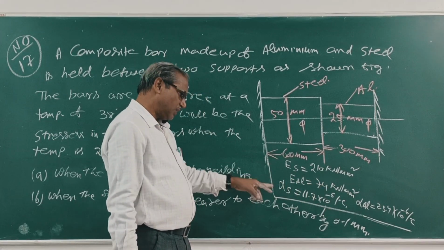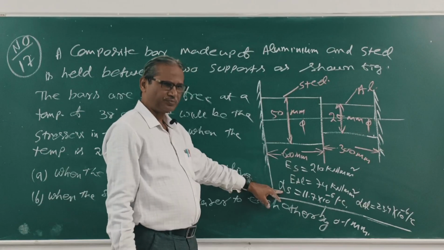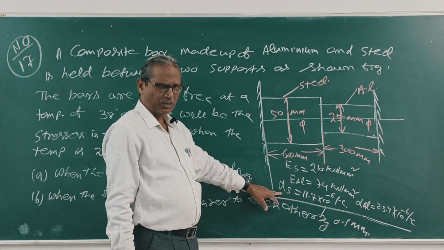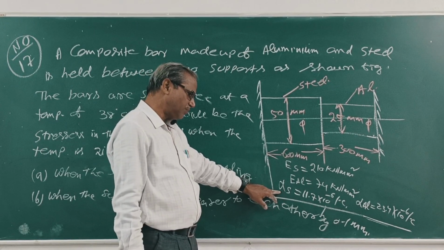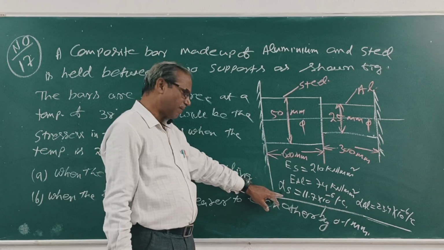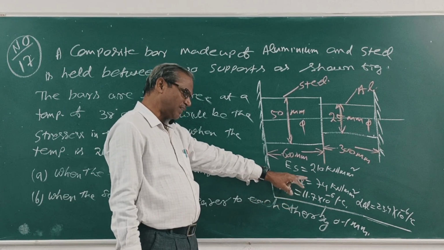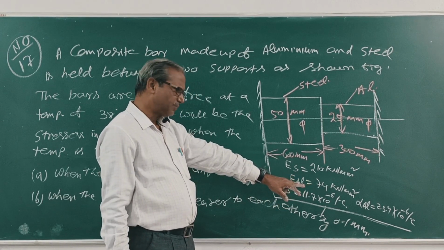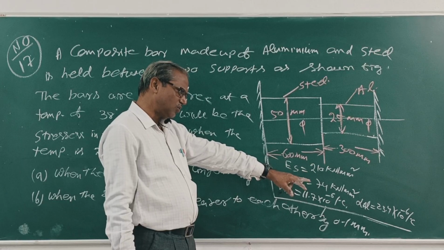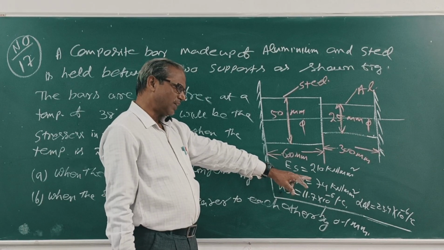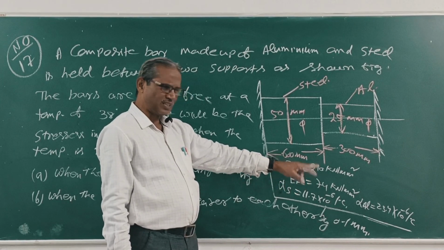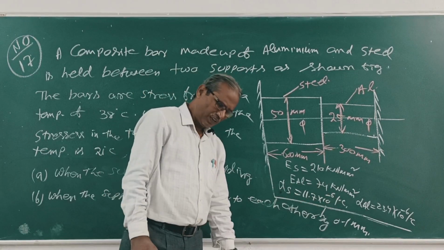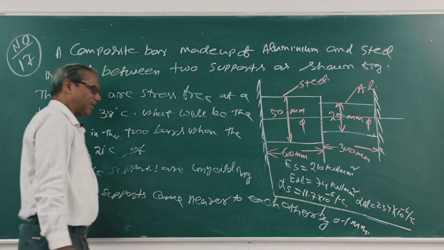Right? Alpha S, coefficient of linear expansion for steel is 11.7 into 10 to the minus 6 per degree centigrade, and alpha A for aluminum is 23.4 into 10 to the minus 6 per degree centigrade. Clear? First, write the given data.